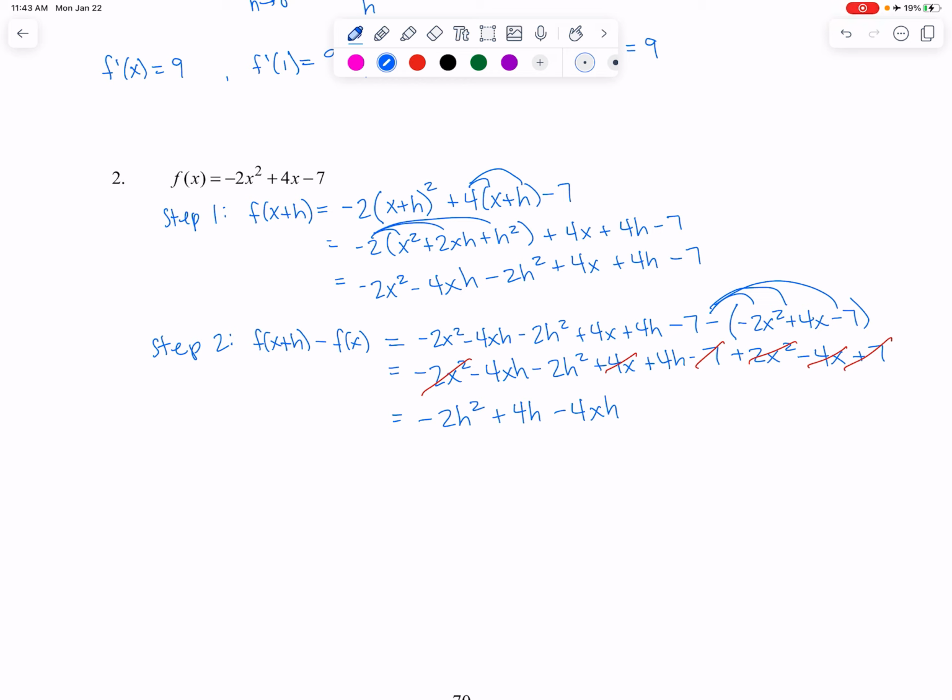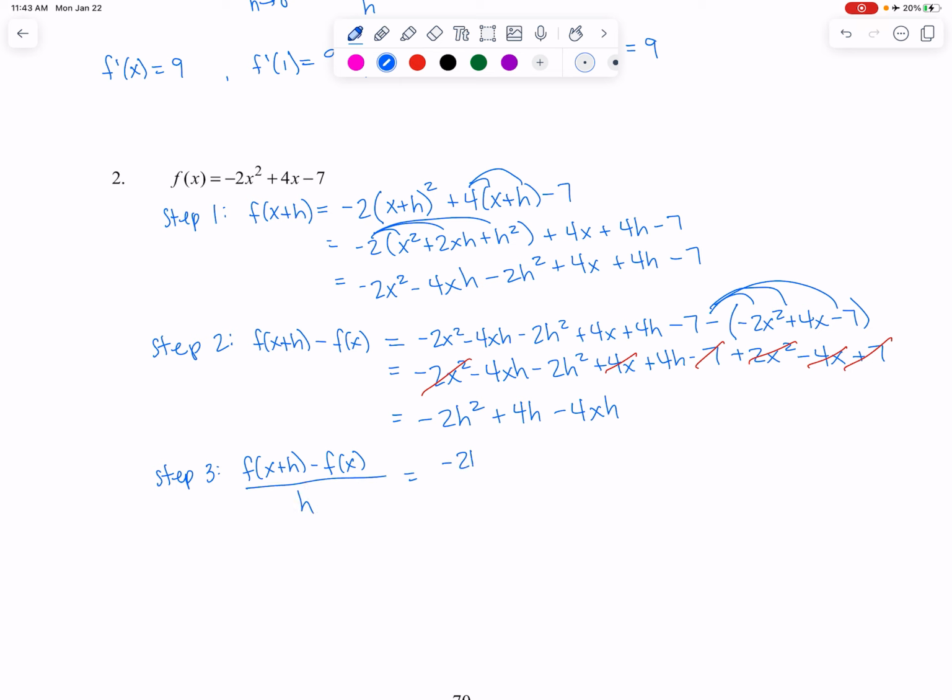That looks like all of it. Next, step 3, we'll divide everything by h.